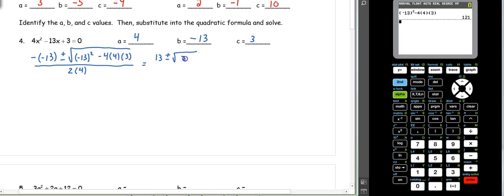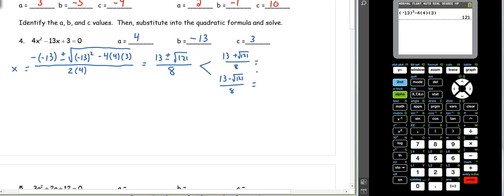That gets us 121 all over 8. Now that we have this simplified, we're going to break this into 2 so that we can put it into the calculator and get our solutions for what x equals. So when I break it apart, I have 13 plus the square root of 121 over 8 and 13 minus the square root of 121 over 8.